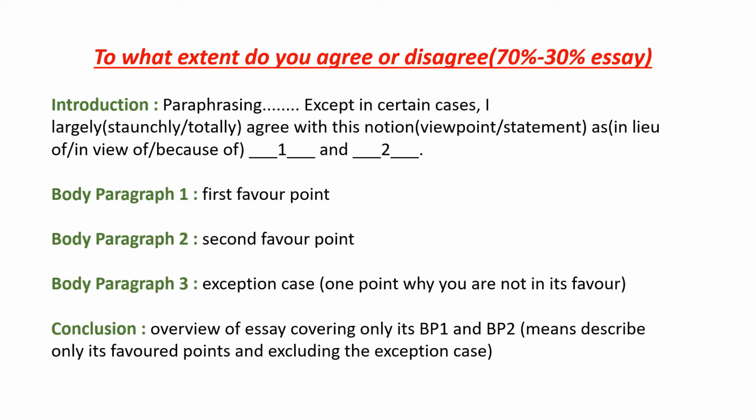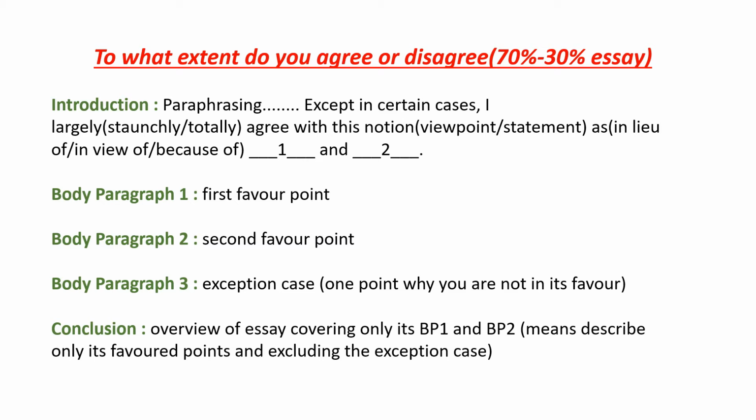Our next essay is, to what extent do you agree or disagree? This is 70-30% essay, which means you are 70% agree with the question of the examiner and 30% disagree with it, or you are 70% disagree with the question of the examiner and 30% agree.